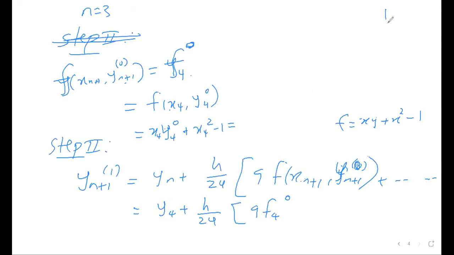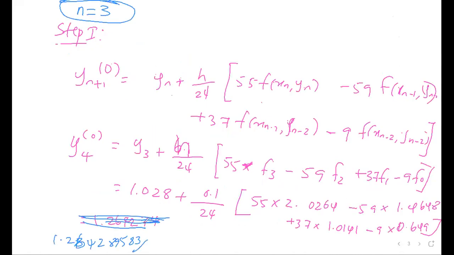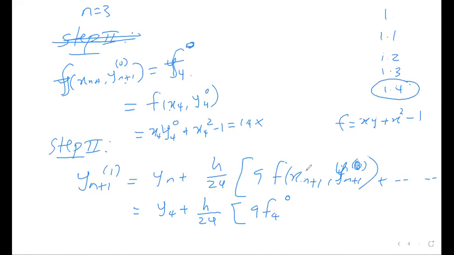It is 1, 1.1, 1.2, 1.3. What is the next one? 1.4, no? So this is what we are finding. 1.4 times, what is our y4 of 0? This is your answer, y4 of 0. So substitute that value.